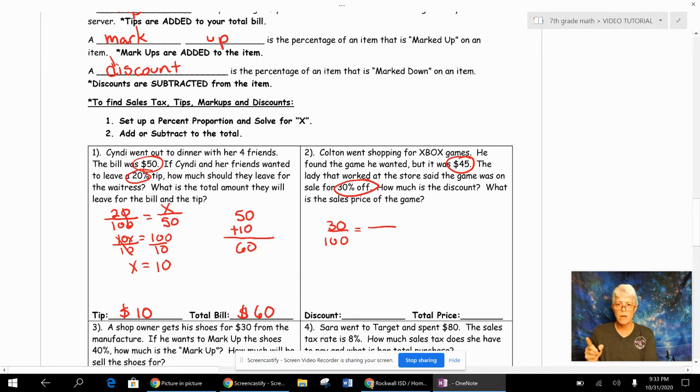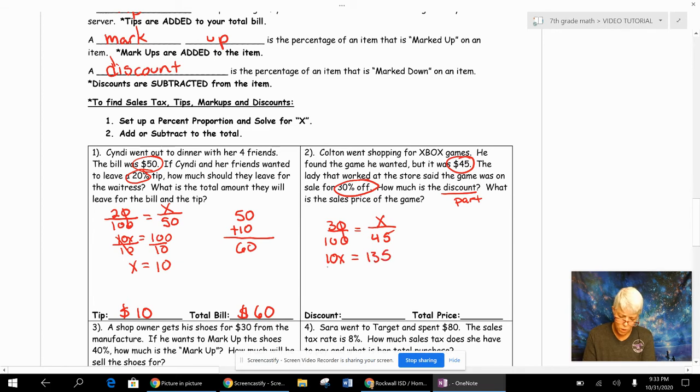The 45 is not the discount. The 45 is the original whole price. So I'm going to put a 45 down here. I am looking for the discount, which again, the discount is the part. So I can do cool things. Once again, the 30 and the 100 end in a 0, so I can just knock them off. 10 times x is 10x. 3 times 45 is $135.